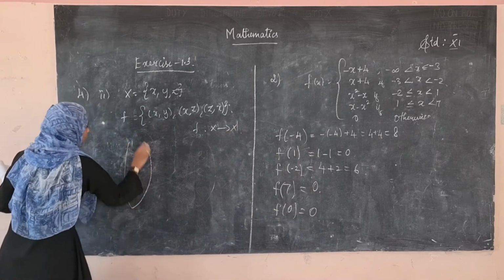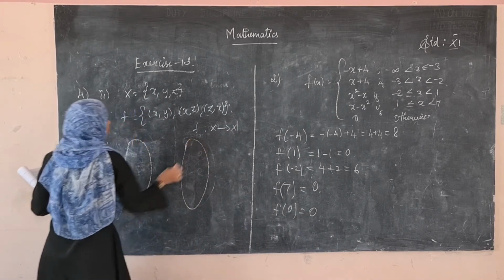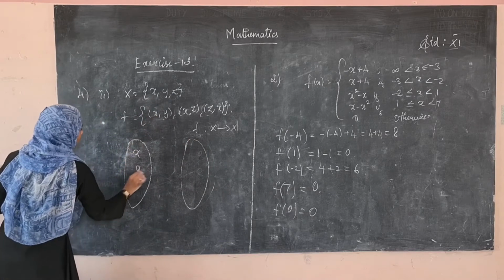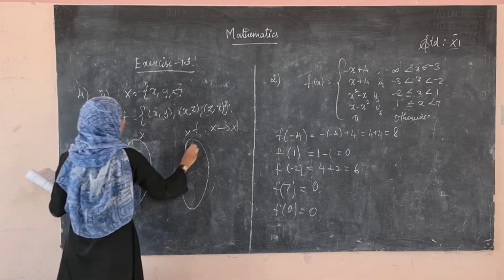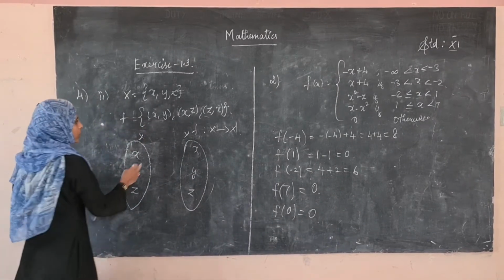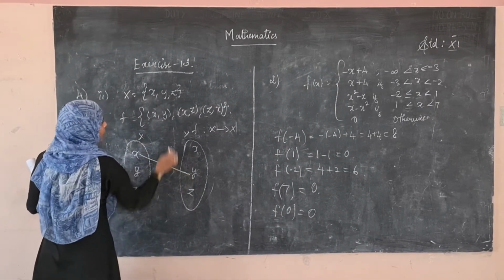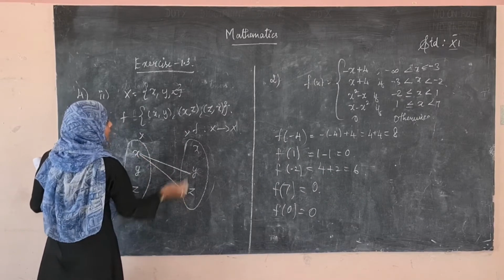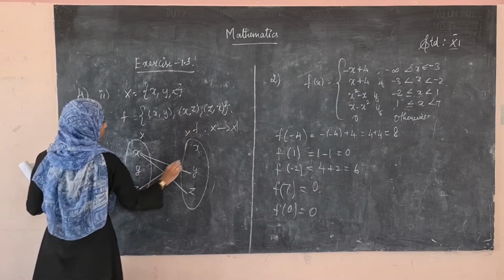Now let us mark it in the diagram. X is {x, y, z}, X to X. See here, x is mapped to y, x is mapped to z, z is mapped to x.